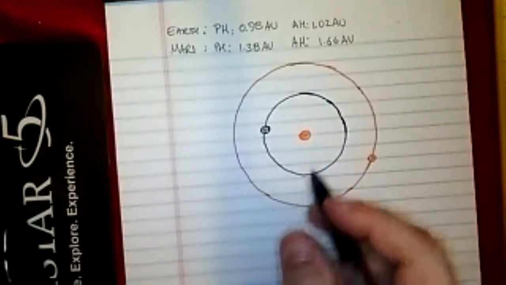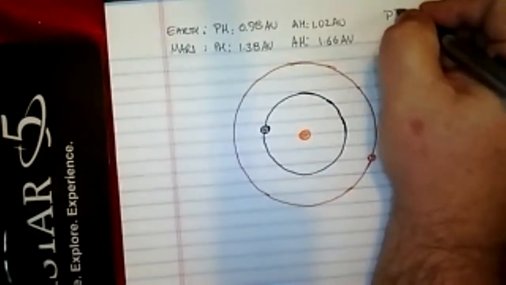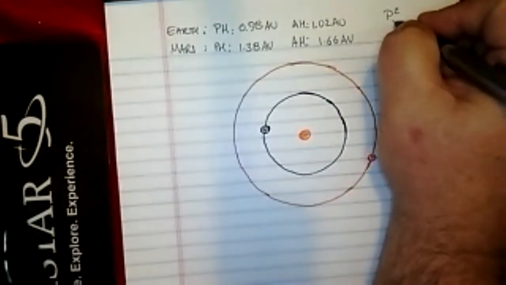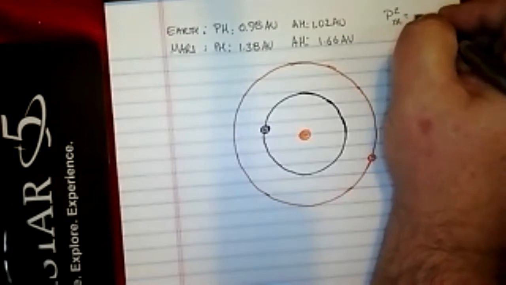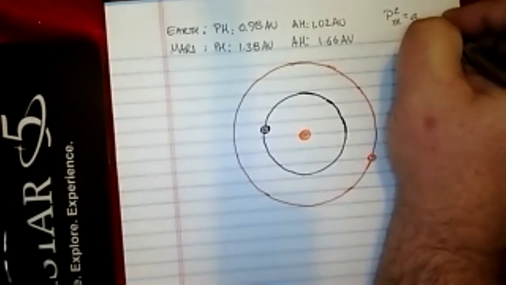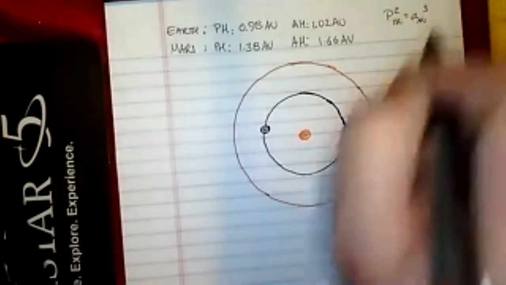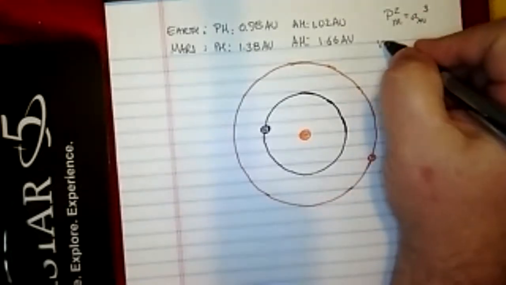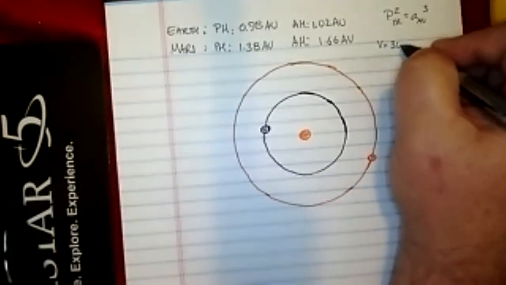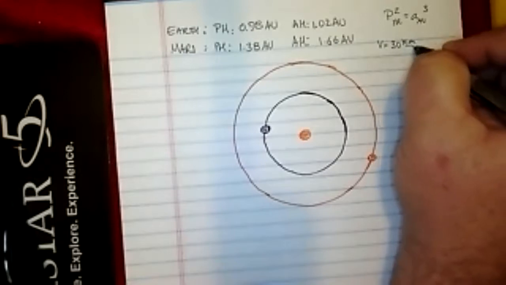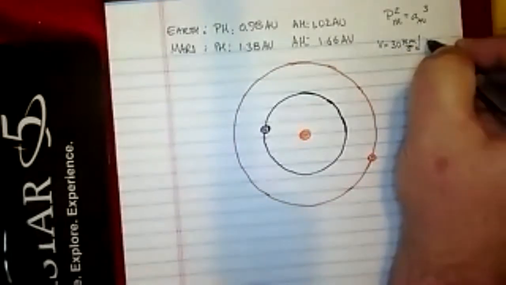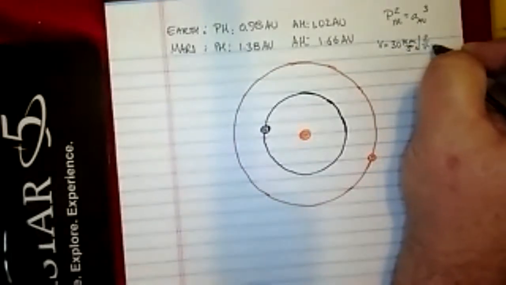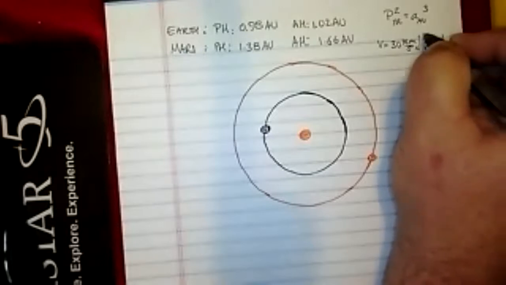Okay, AU. And they've given us that P squared, and this must be in years, by the way, is equal to A cubed, and that must be in astronomical units. So we're going to use that equation. Later on, they'll also give us that the velocity is equal to 30 kilometers per second times the square root of 2 over r minus 1 over a.